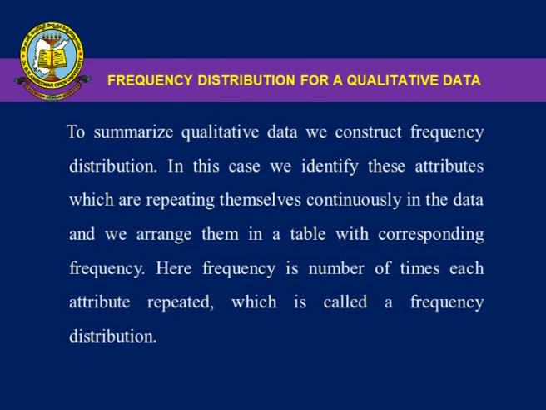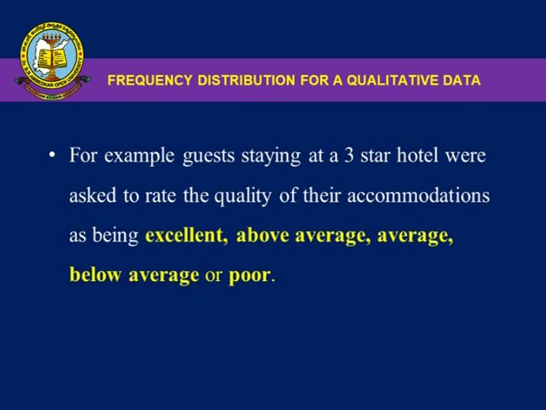Here, frequency is the number of times each attribute is repeated, which is called a frequency distribution. For example, guests staying at a 3-star hotel were asked to rate the quality of their accommodation as excellent, above average, average, below average or poor. We count how many guests said excellent, and so on, which we should convert into frequency distribution form.